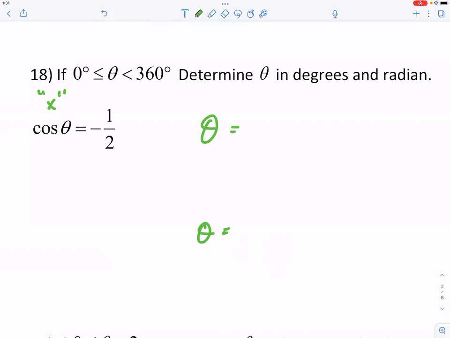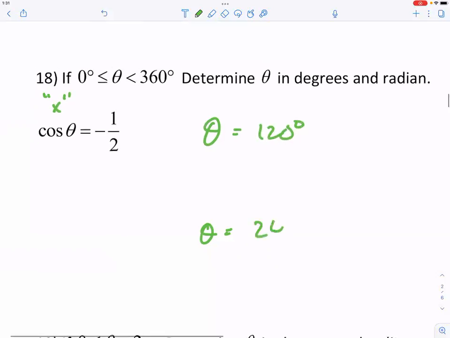It'll be, with x being negative 1/2, 120 degrees and 240. And in radians, we will say it is 2 pi over 3 and 4 pi over 3.